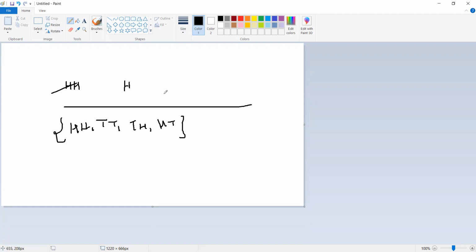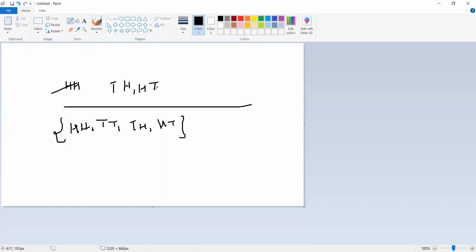Now, the question is, are you interested in exactly 1 head, at least 1 head, or at most 1 head? I'm interested in exactly 1 head. If I'm interested in exactly 1 head, then possible values are tail head or head tail.